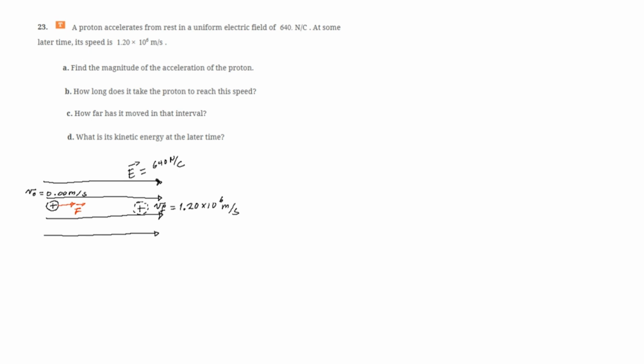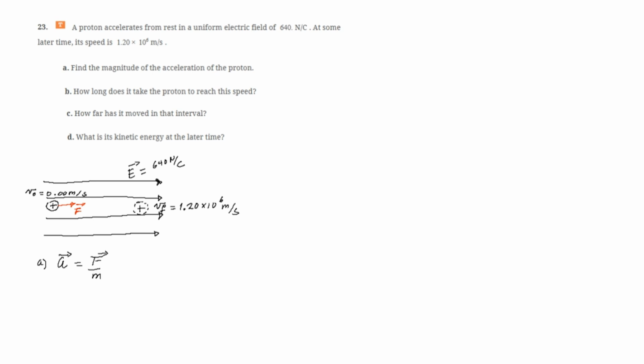So the first thing they want us to calculate is the acceleration of the proton. I will go to Newton's second law, and I will remind you that the acceleration is equal to the force acting on the body divided by the mass of the body.